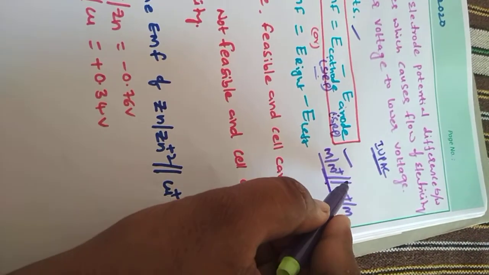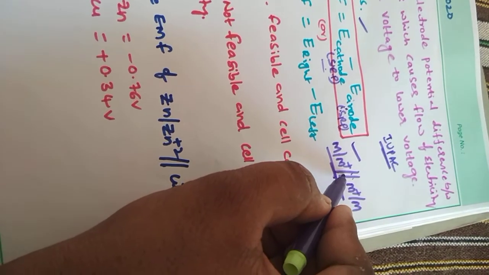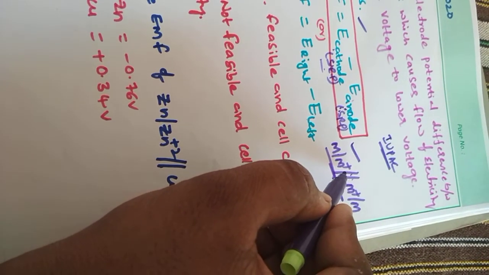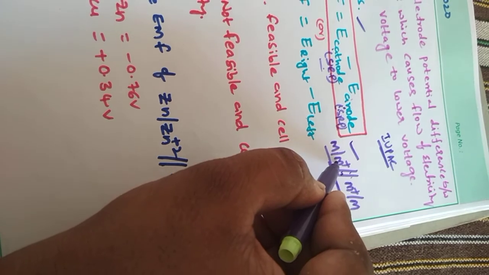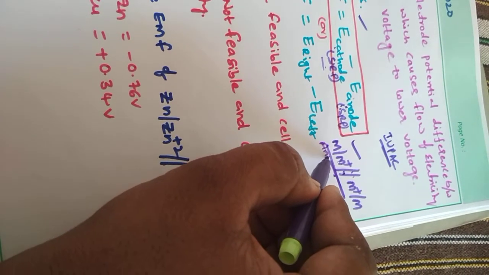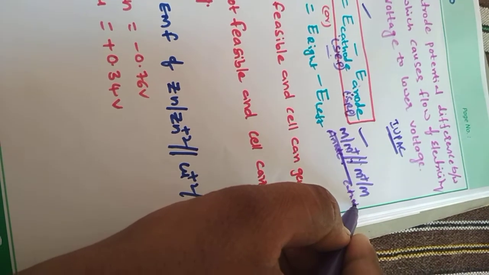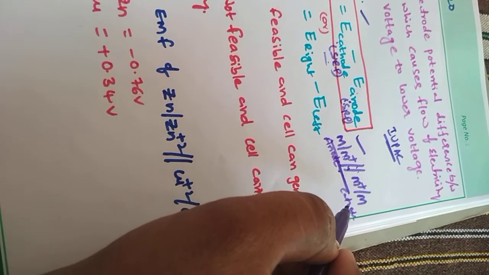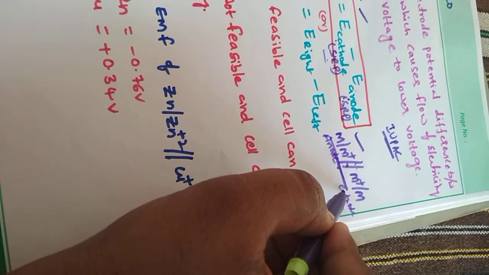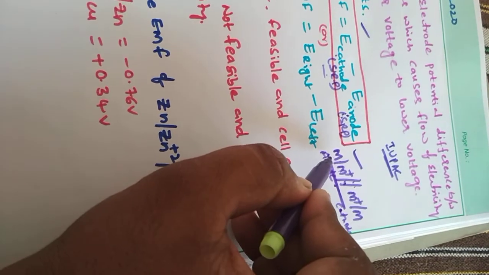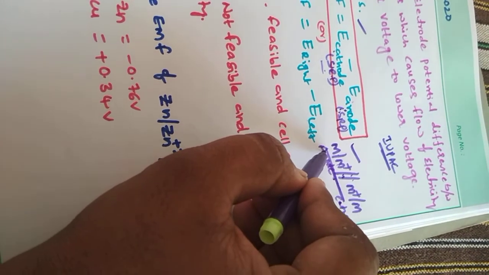This double vertical line is the salt bridge. To the left side of the salt bridge we always write the anode values, and on the right side we always write the cathode values. So the EMF of this cell is the standard reduction potential of cathode minus the standard reduction potential of anode.